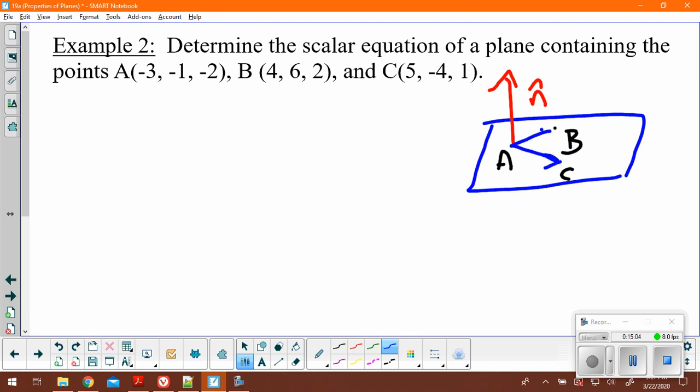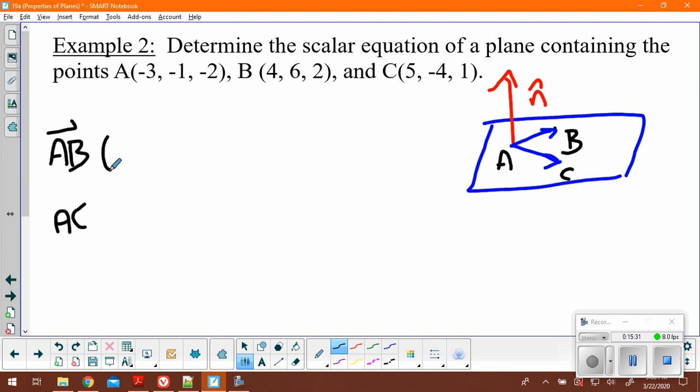There's A to C, and there's A to B. If I want to find something perpendicular to both, we can use the cross product to figure that out. So those are going to be my steps here. I need to figure out those two vectors, A to B and A to C, and then I'm going to do the cross product to get my normal vector.